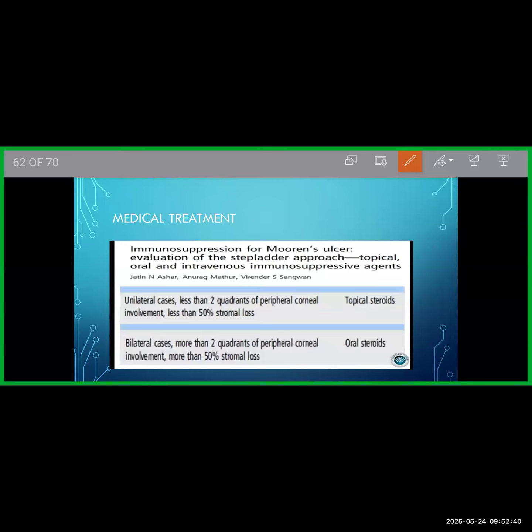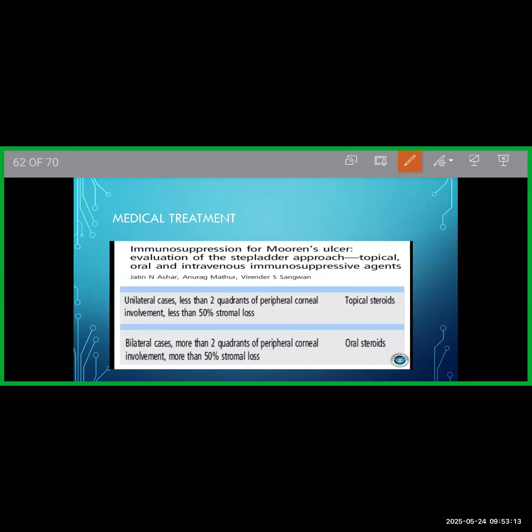Now there is a stepladder approach to the immunosuppressive management of Mooren's ulcer. This study was done by Jatin N et al. For patients with unilateral Mooren's ulcer with less than 2 quadrants of peripheral corneal involvement and less than 50% stromal loss, topical steroid will suffice.